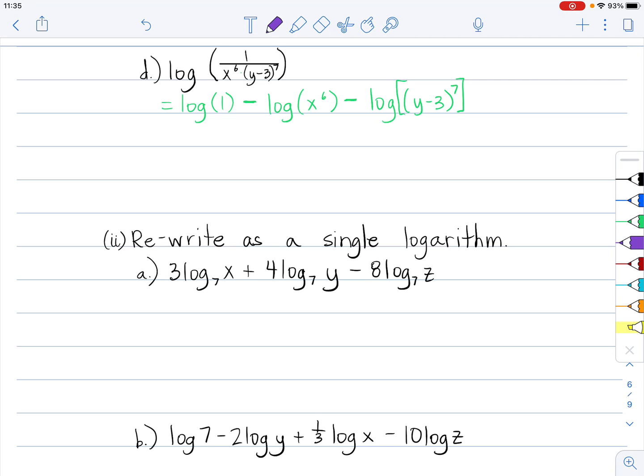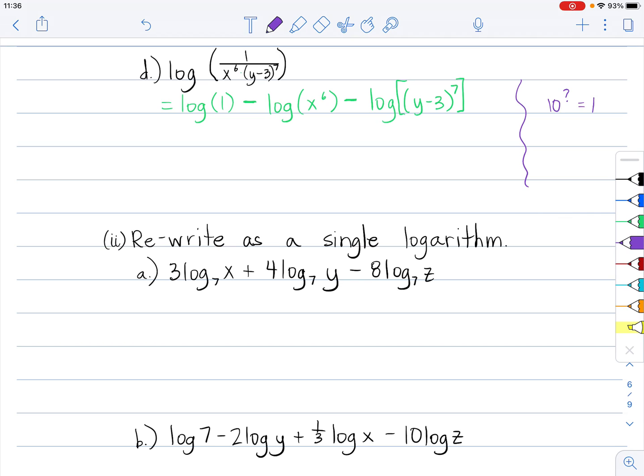Next, log of 1. What I am supposed to be asking myself here is log, I should know, is base 10, and 10 to what power equals 1? Or is it even possible for 10 to some power to equal 1?